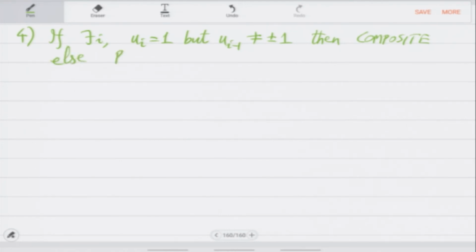Else you will output prime. Okay, so only when you see a square root of 1 other than plus minus 1, you are saying composite, and you are correct. In the other case, you are just guessing prime, and we have to see the error probability.